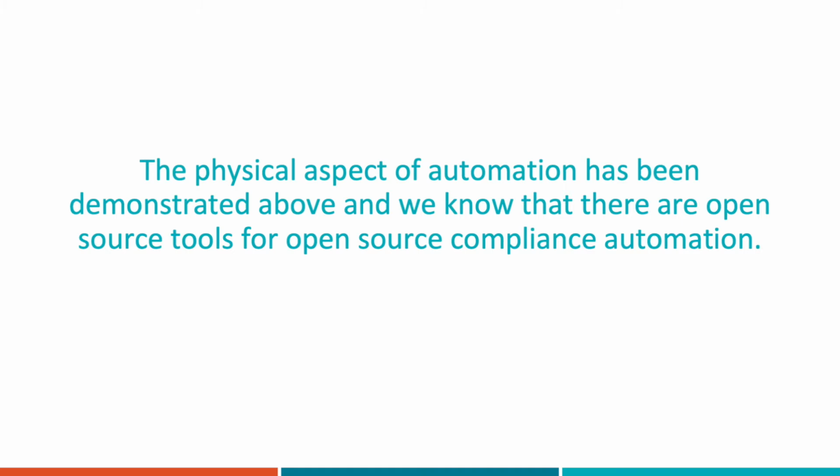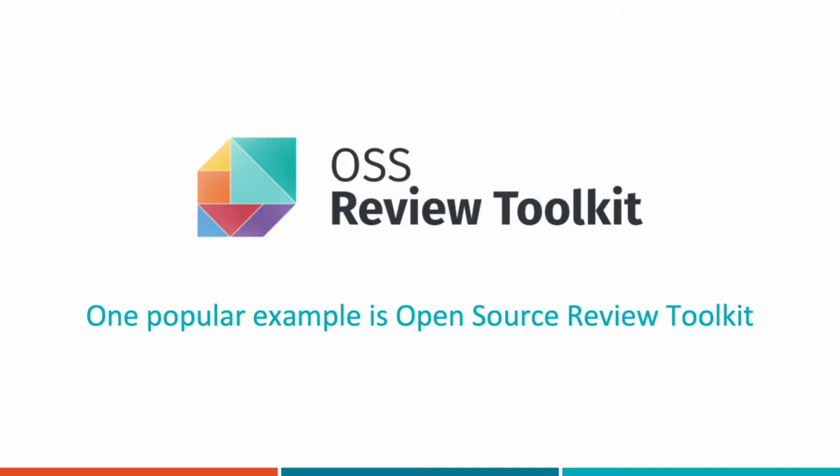And this allows us, in theory, to begin to use automation for free with supportive communities. One popular example of tooling that can do that is the open source review toolkit. And the open source review toolkit is used extensively. It's very popular. And it's certainly a great way to work on this in the supply chain.